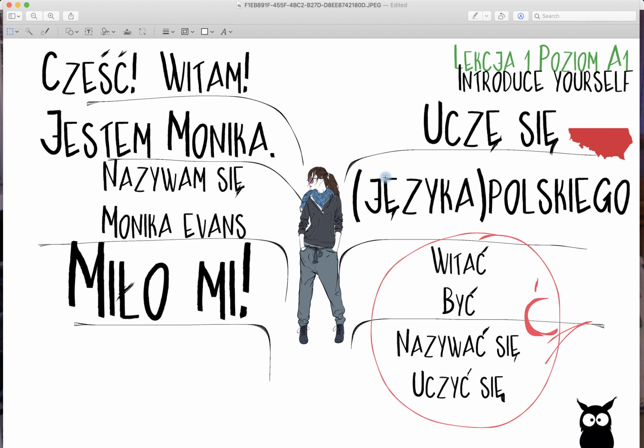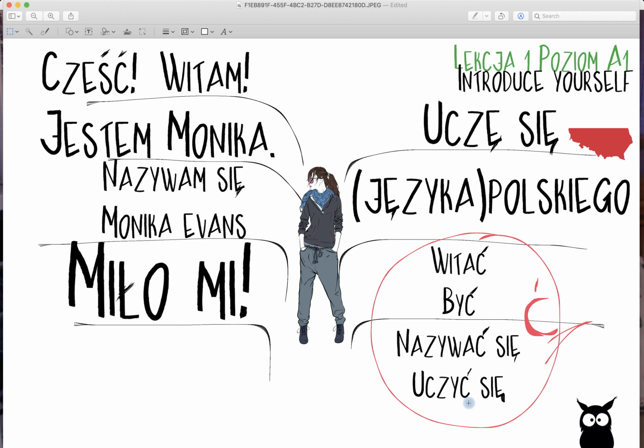The last thing I would like you to learn today is I'm learning Polish, or I learn Polish. In order to say that, let's look at the verb uczyć się, because we can actually learn two things here. I want to start with this one here.